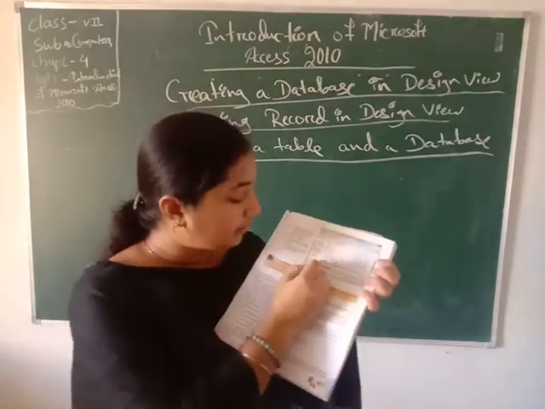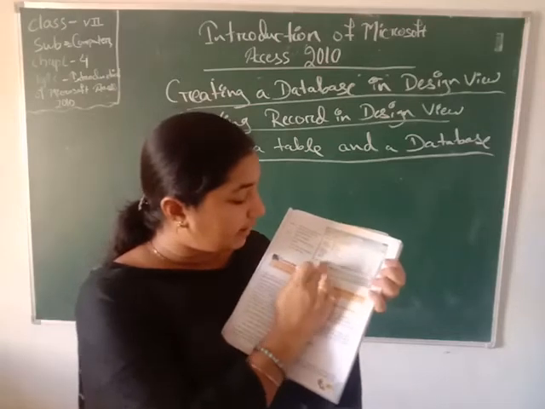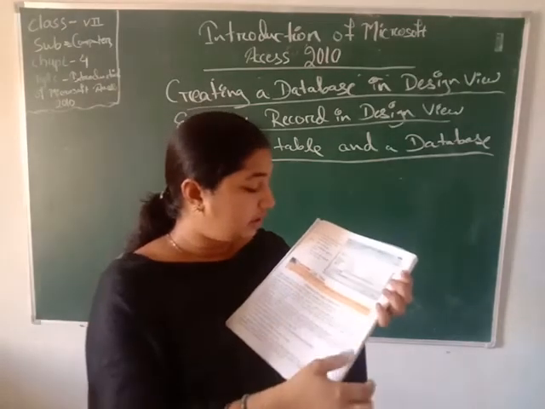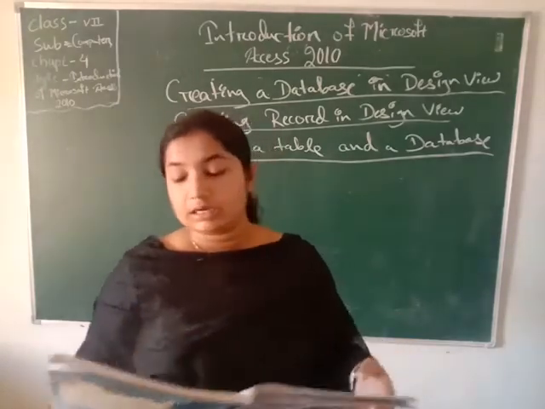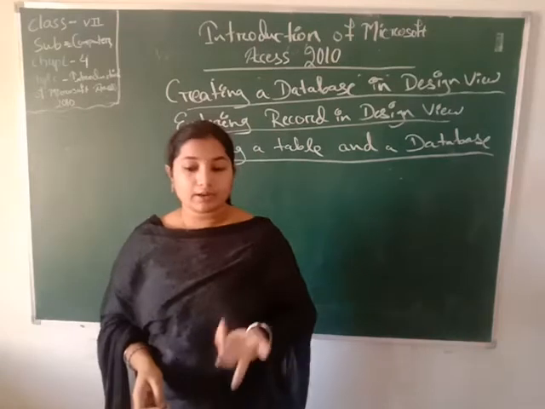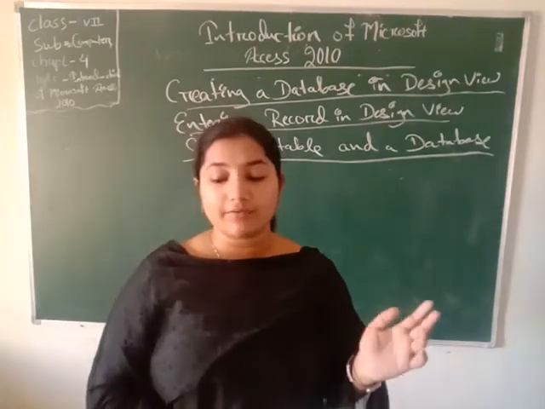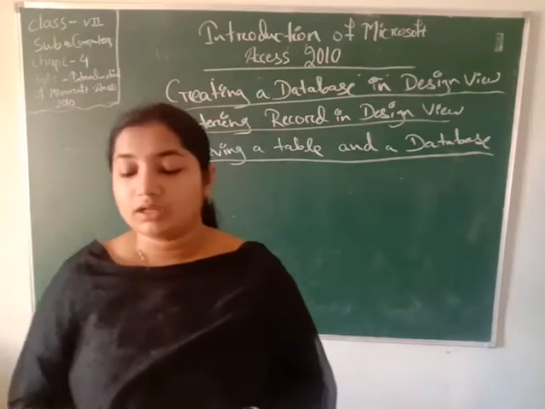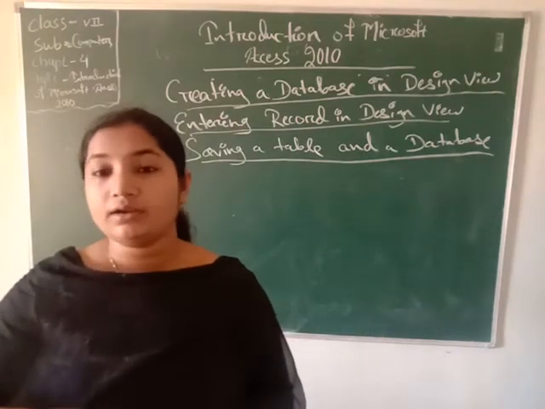Here we have to give the file name. After that, click on Save. The database will save and the name will appear in the title bar. Means when we give the name and click on Save, then that file will save with the name we have given. The next is our primary key and foreign key.